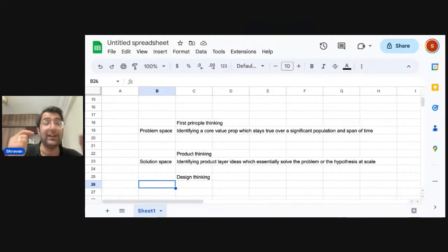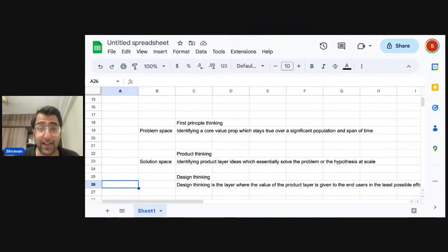They have figured out the easiest possible onboarding flow through which you can cover 60-70% of whatever applications the iPhone does in 10 minutes. So design thinking is the layer where the value of the product layer is given to the end user in the least possible effort or time. Now, from here originate what you call product design questions.